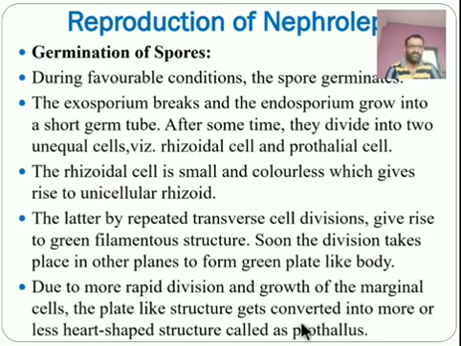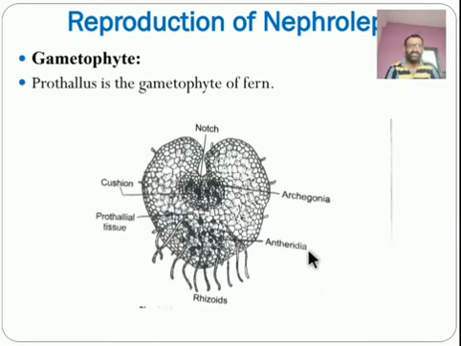The prothallus is the next generation, the gametophyte. Let us see, this is the heart-shaped structure called the prothallus. It arises from the small spore after germination, and this is the gametophyte, generated from the sporophytic generation.